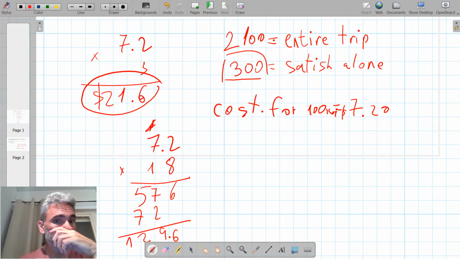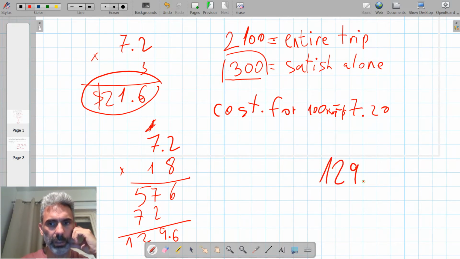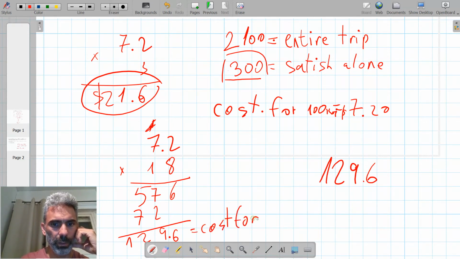This is the cost for the 1800 kilometers.